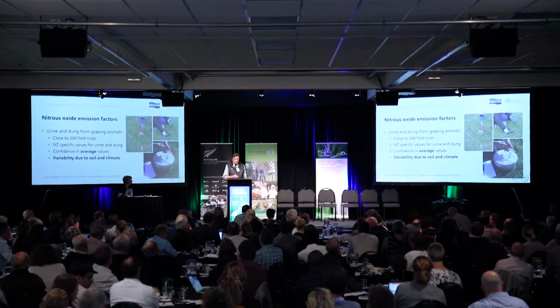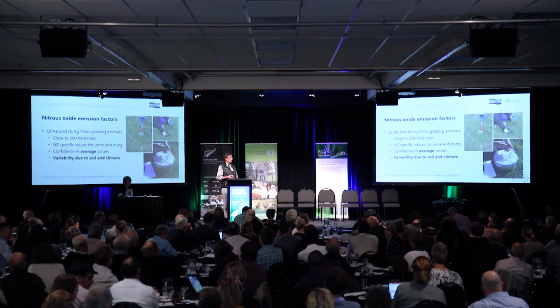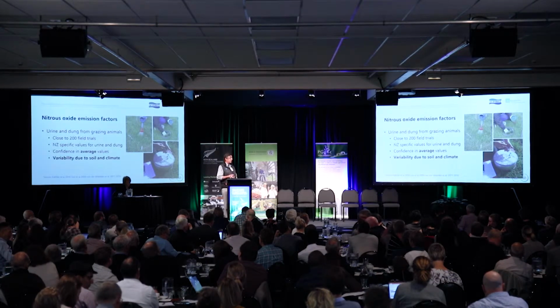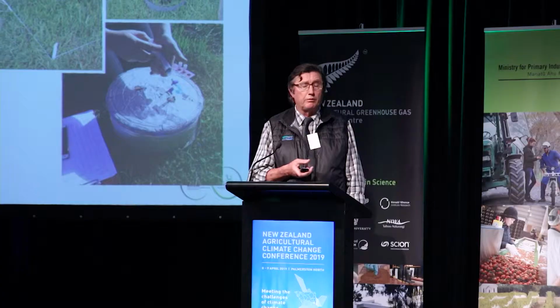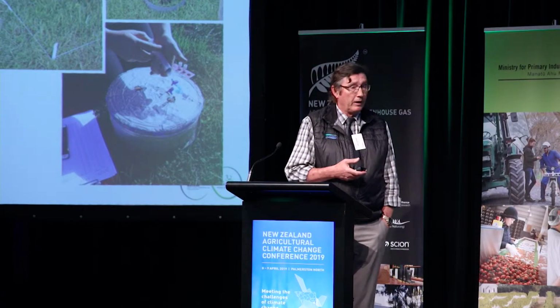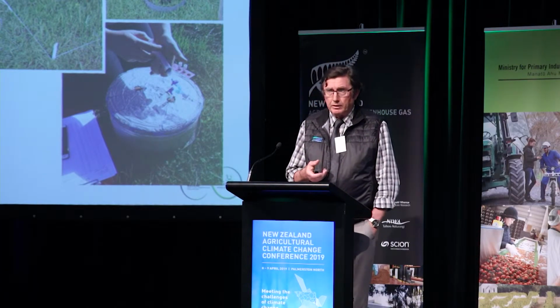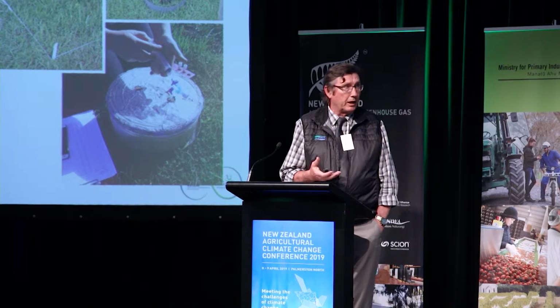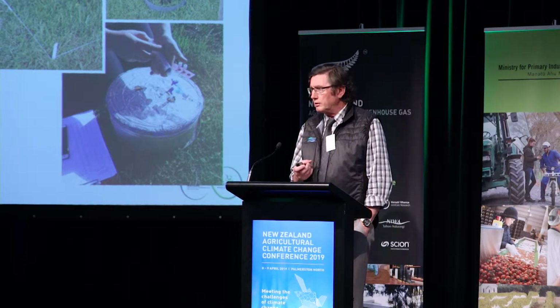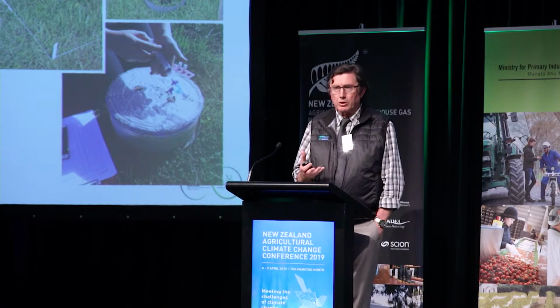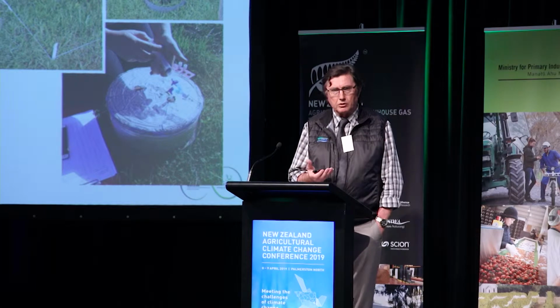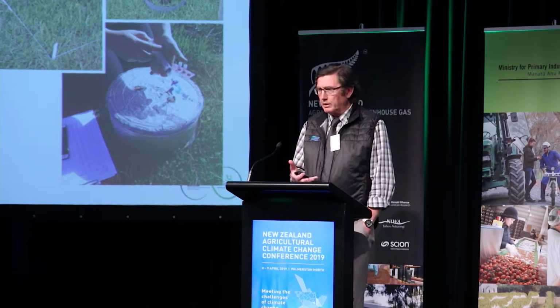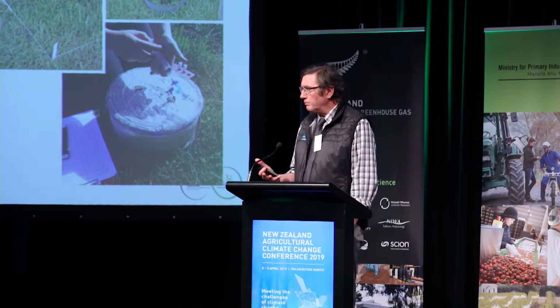Nitrous oxide emissions from urine and dung from grazing animals. Again, there's been a wide range of trials done on that, and there have been some New Zealand specific data developed from that. At this stage, the confidence is in the average emission factor, but there is quite a range depending on things such as soil and climate, which affect the nitrification bugs in the soil.